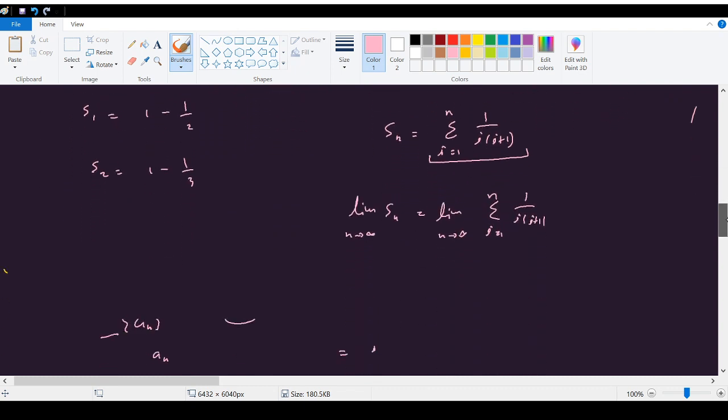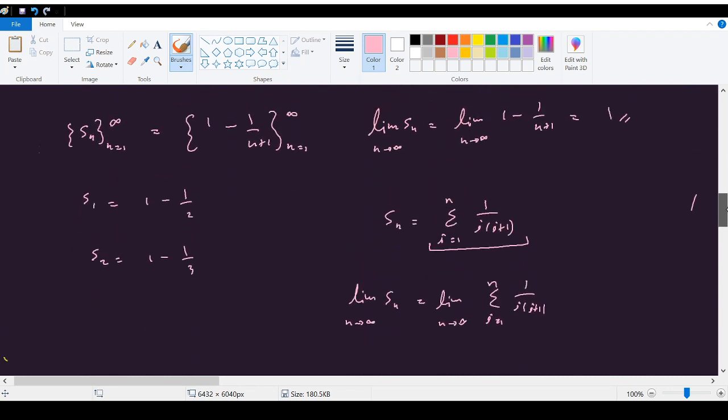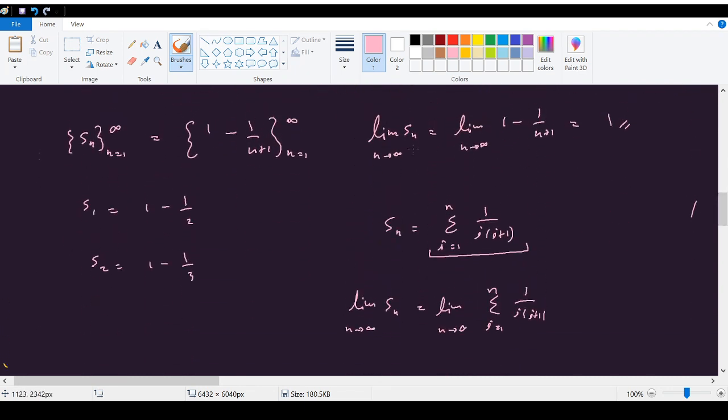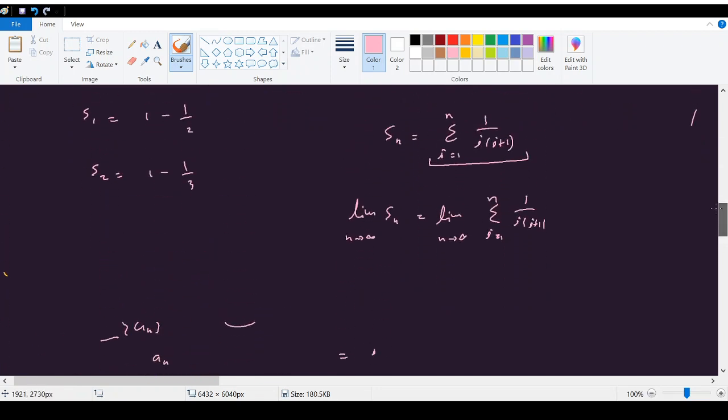Okay, then we can see that there is a limit for the partial sum. Therefore the series converges, and we can write down the value of the series as equal to 1.